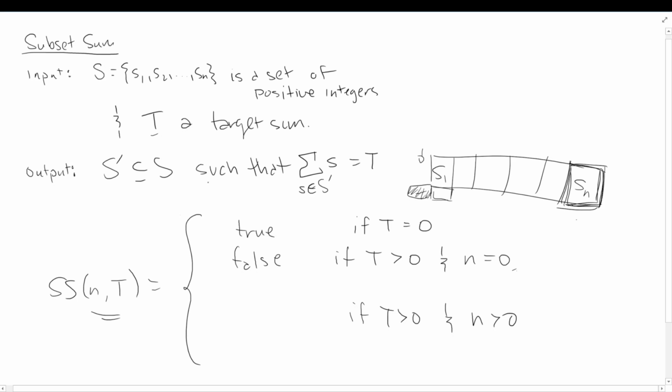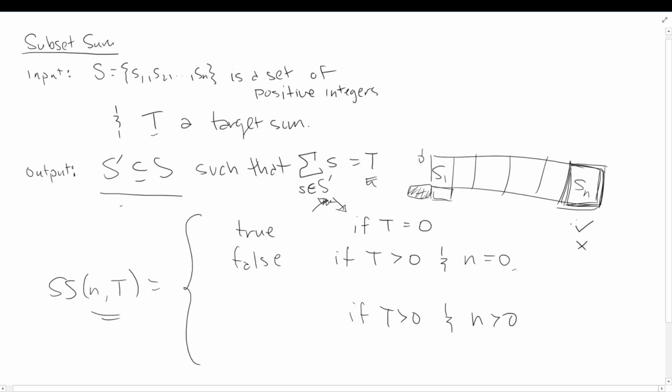Let's think about our solution case here. Let's say there is a subset that adds up to our target. If there is, S of n is either in that subset or not. It's either in or it's not.